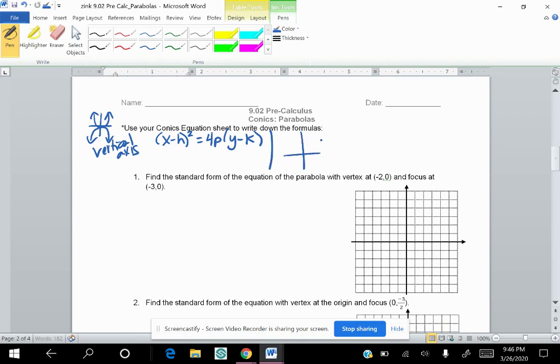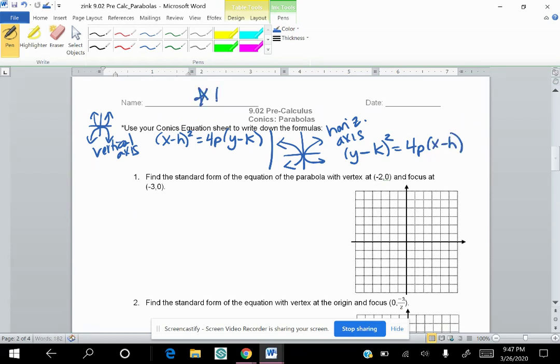If it opens left or right, then that means the y is going to be squared. So it's going to have a horizontal axis. And our formula is going to be y minus k quantity squared equals 4p times x minus h. So the k always goes with the y.